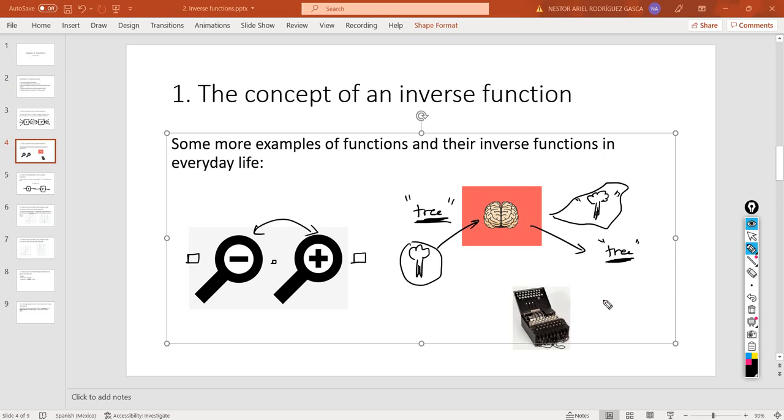What is this machine? I told you that in World War II, there was a lot of mathematics involved. Why do I say this? Well, because the Nazis were communicating among themselves through messages.